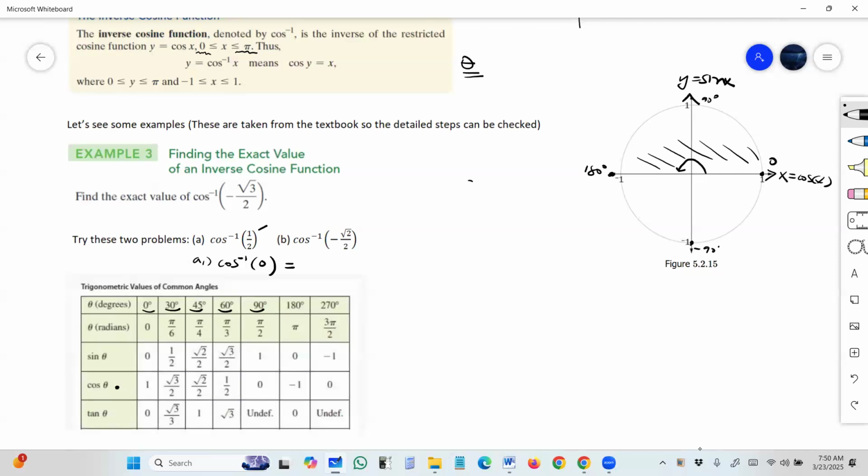For the positive values, it's very easy. We just look at the table or we memorize the table, and then we can check with the unit circle right here.